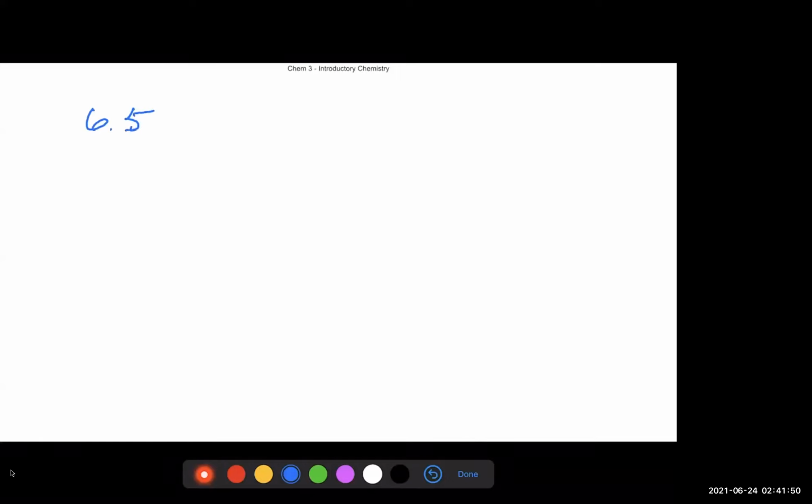Okay, so this one just says perform the calculation and record the answer with the correct number of significant figures. Okay. So it's 6.5 minus 6.06 divided by 4.76.